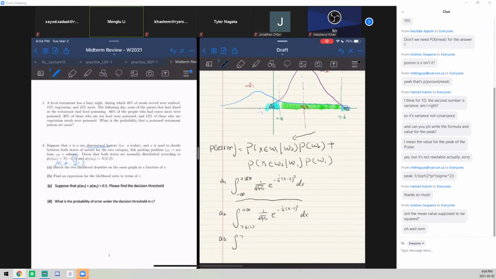The upper bound is 7.6, the lower bound is 0.38. It's under the blue line, so we plug in the equation for class 1.